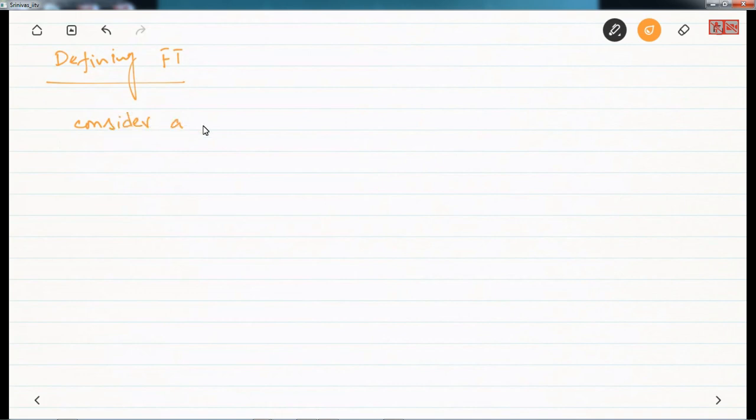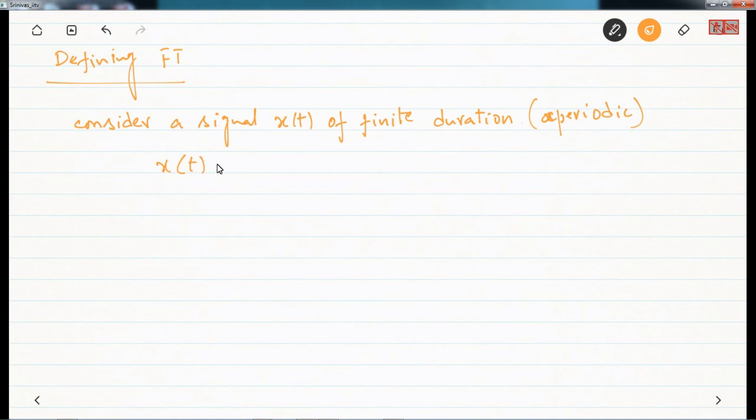Consider a signal x of t of finite duration, because we want to consider an aperiodic signal.